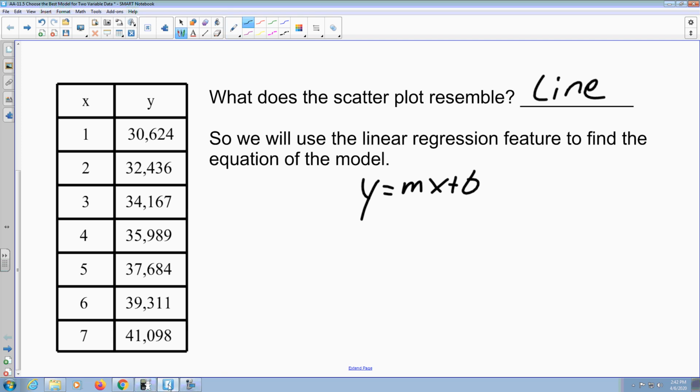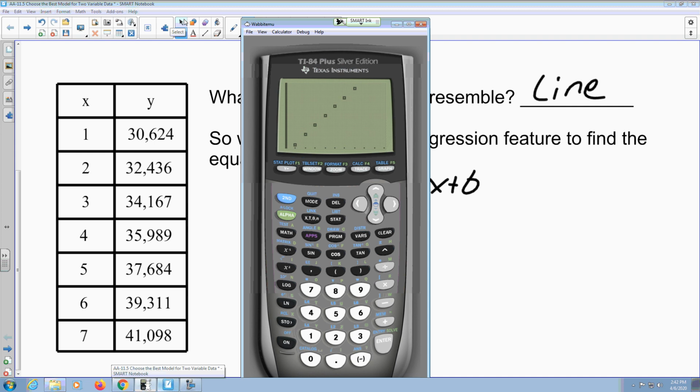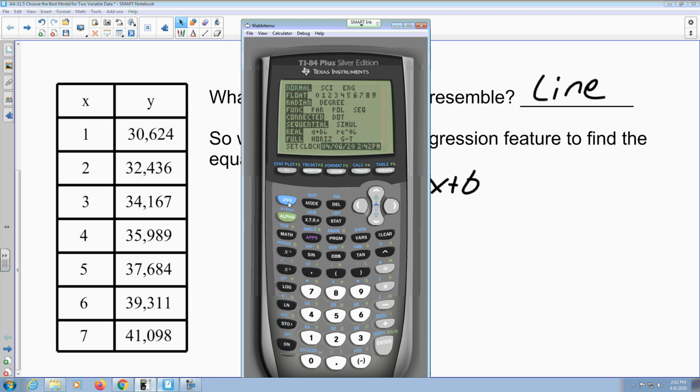So in our calculator, you're going to go 2nd Quit, go back to STAT, and go to Calc. Since we're looking for a linear equation, I'm going to choose the linear regression, ax plus b, which is the y equals mx plus b, so to speak. Then it wants you to say, okay, I'm going to use L1, so 2nd L1, comma, 2nd L2.